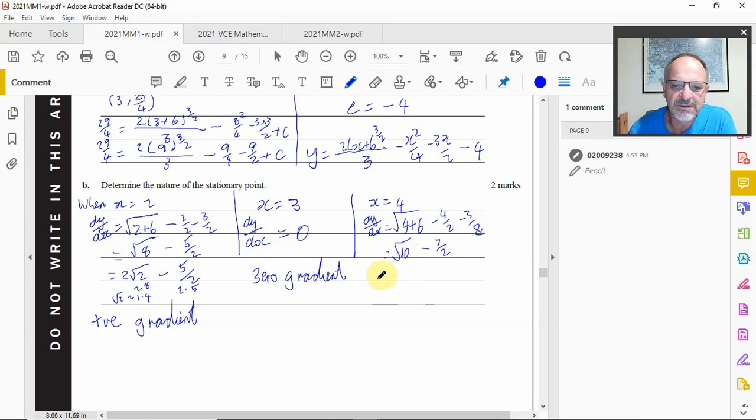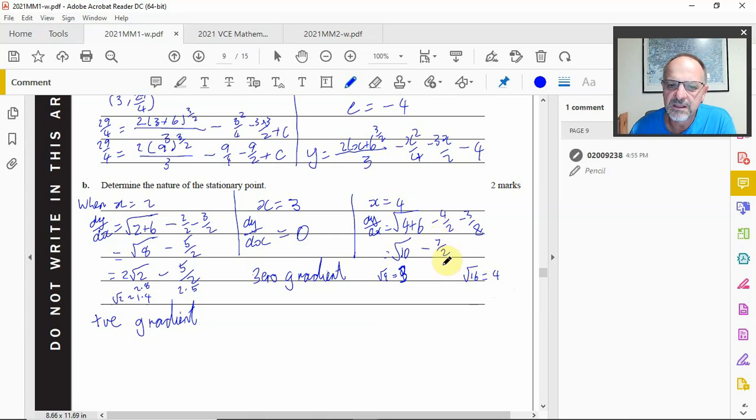Well, the square root of 9 is 3, and the square root of 16 is 4. Now, we've got square root of 10, and 10 is close to 9. I don't know why I put 4 there. It should be 3, shouldn't it? Square root of 9 is 3. So the square root of 10 is going to be closer to 3 than it is to 4.